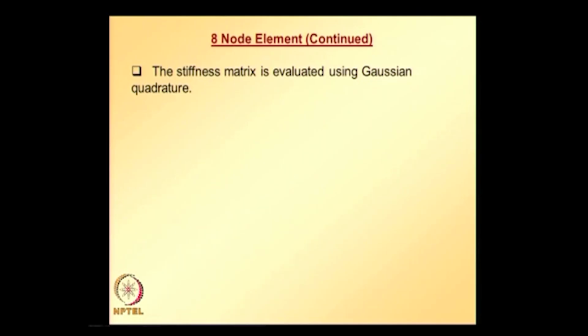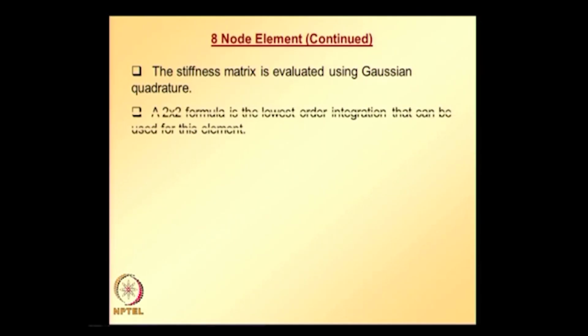The stiffness matrix is evaluated using Gaussian quadrature. The 2 by 2 formula is the lowest order integration that can be used for this element. You can easily guess why, because the 8 node element is a quadratic element.